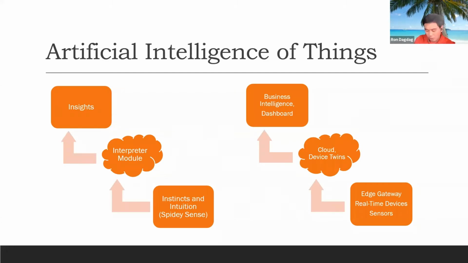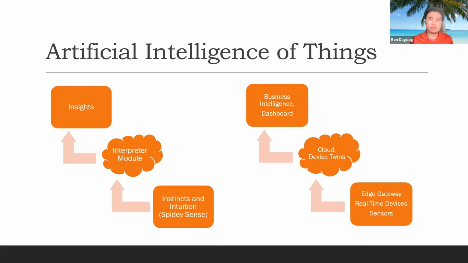And you'll hear more and more about the artificial intelligence of things. Artificial intelligence of things is the combination of your Internet of Things data and AI coming together to give you better insights.